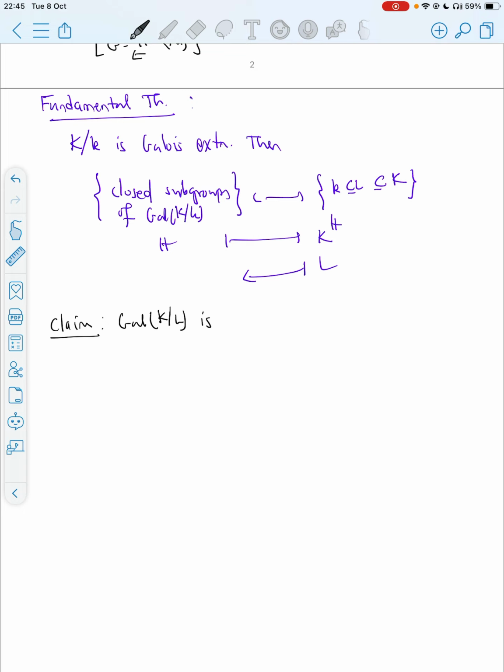The Galois group of the extension over L is a closed subgroup of this Galois group whenever L is an intermediate extension.